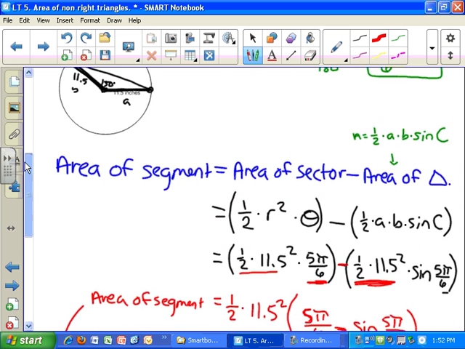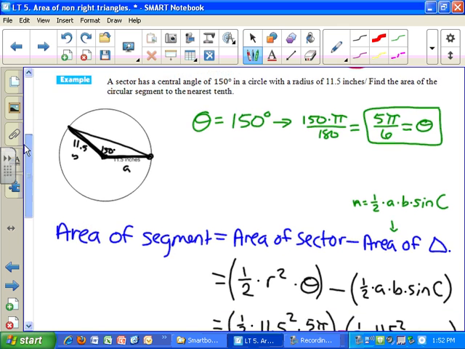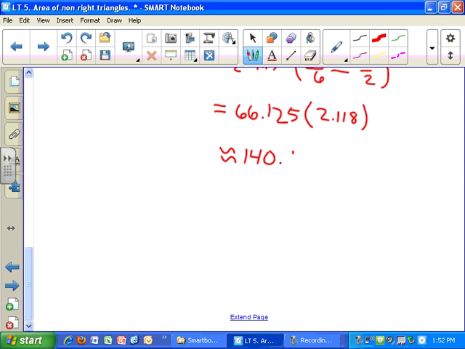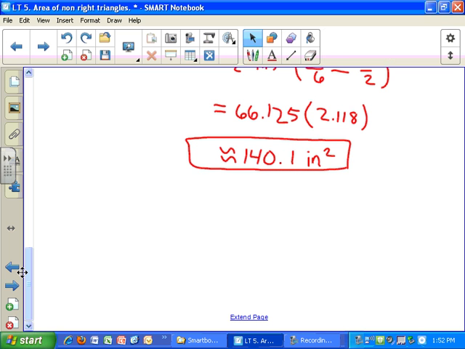I have to look back at the directions because it said round to the nearest tenth. So 140.05 would round to about 140.1, and the units are inches squared. So the area of that segment would be 140.1 inches squared approximately.